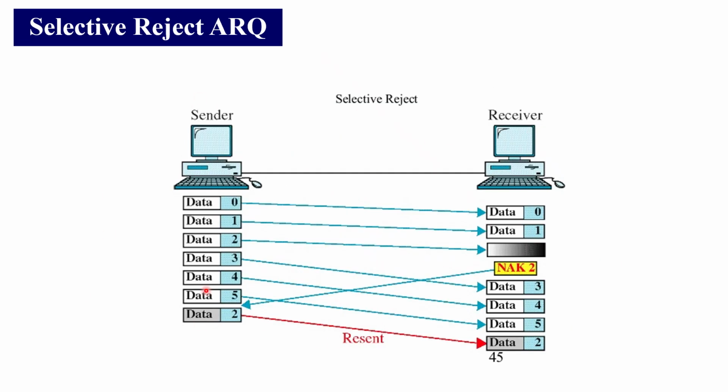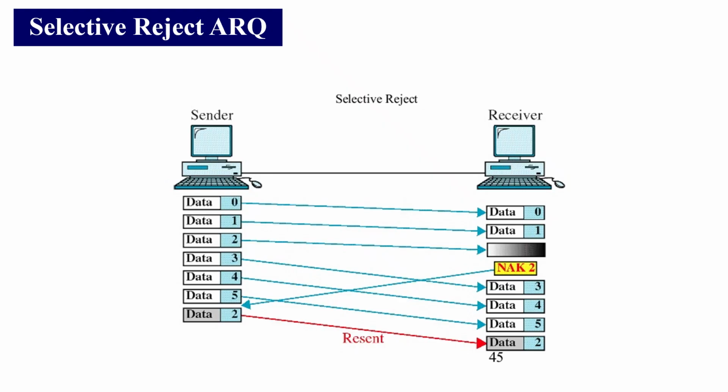In selective reject ARQ, also known as selective repeat ARQ, only the specific frame that was damaged or lost during transmission is retransmitted. When a frame is found to be corrupted in transit, the receiver sends back a negative acknowledgement for that particular frame.